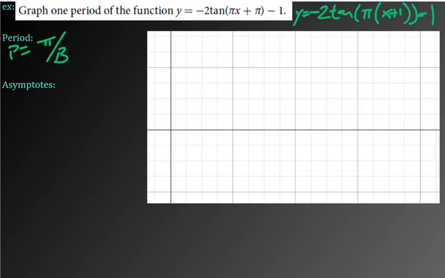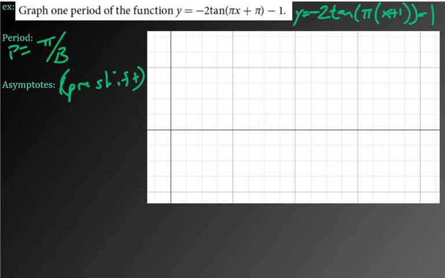And the asymptotes for tangent are just, pre-shift, let me write that in, pre-shift, right? They're going to be at 0. Asymptotes. I thought we were talking about 0.